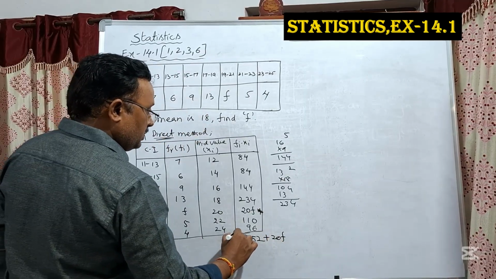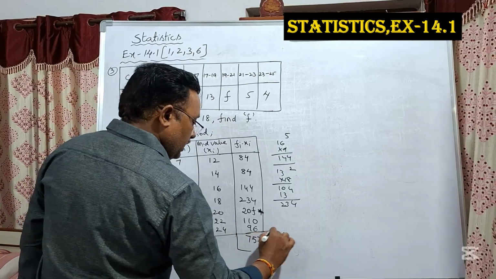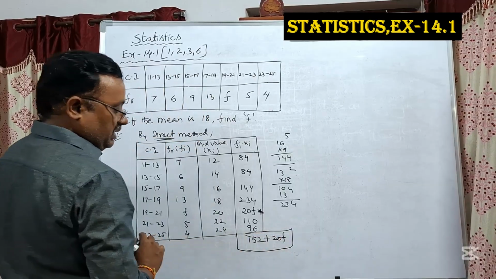So this total is called sigma fi into xi.